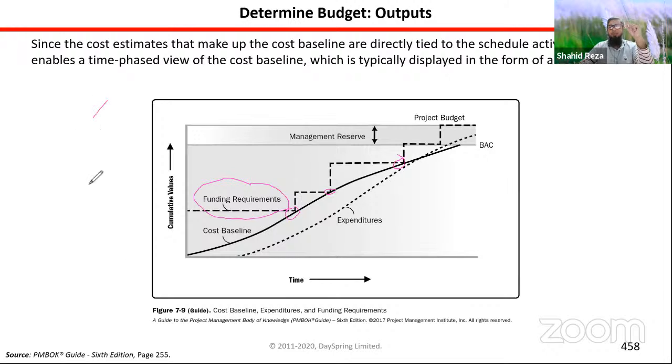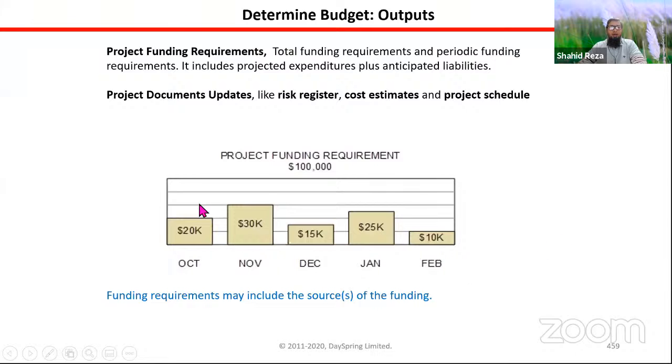So this is a great graph that people actually use in their project management, especially financial, to measure the financial progress of the project. You can also create this using Excel. So I can actually show project funding requirements.